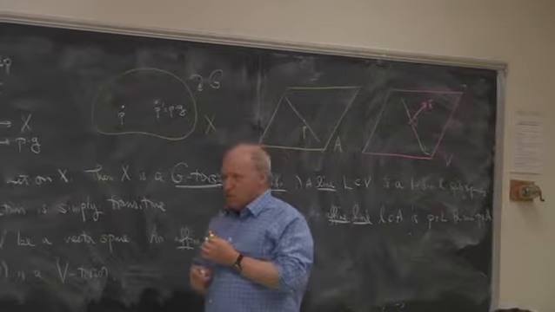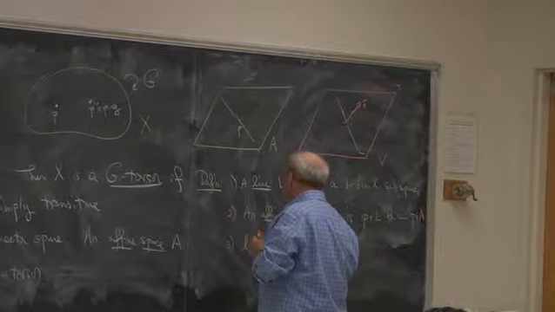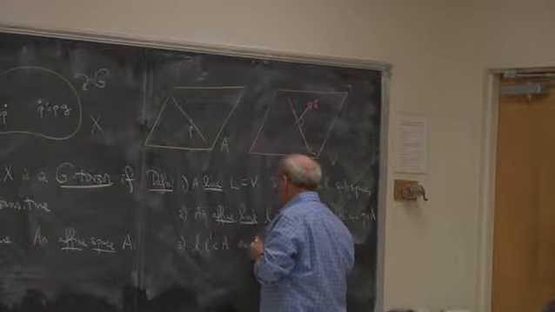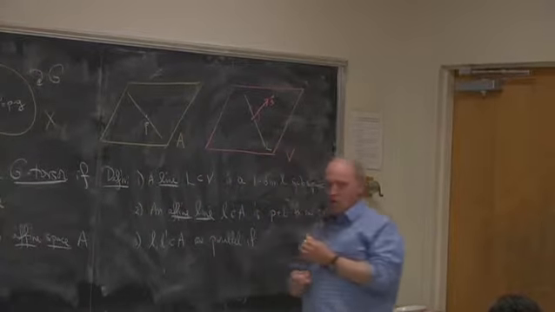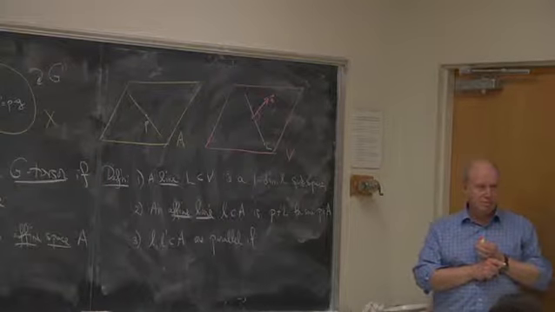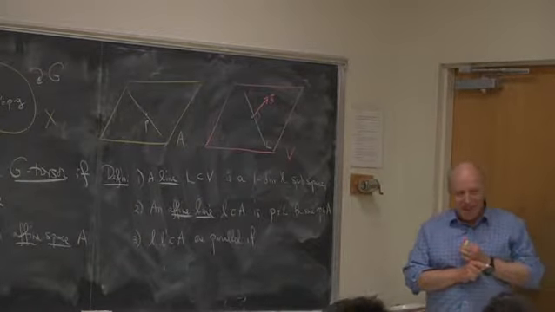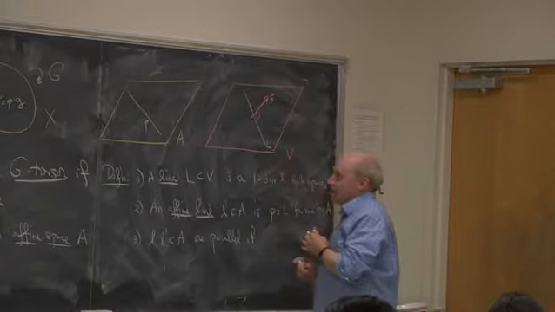And so what does it mean for two affine lines to be parallel? They come from the same L, different points, same L. Exactly.